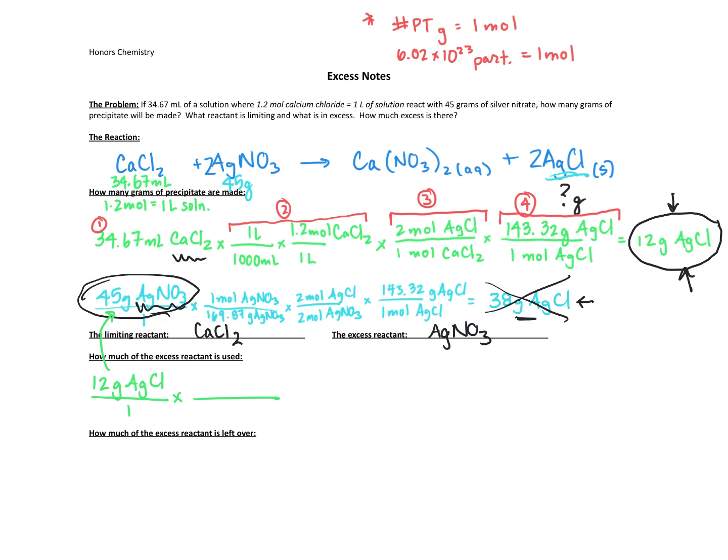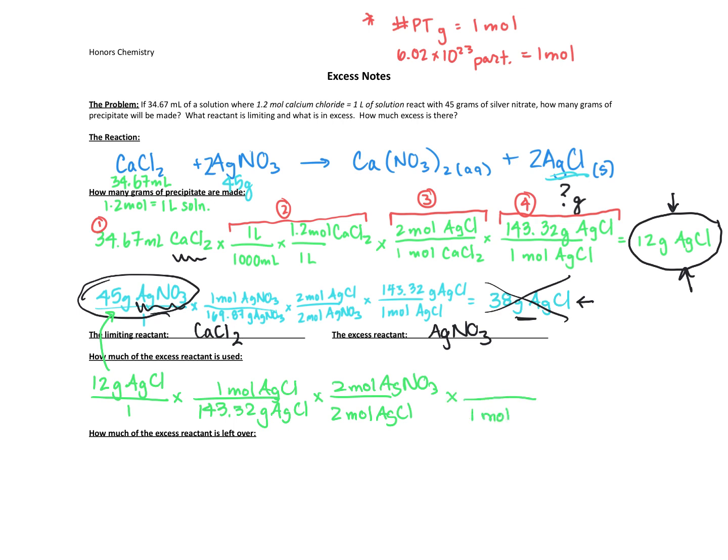We know that there's 143.32 grams of silver chloride in 1 mole of silver chloride. And we're going backwards. We're going back to our reactant. For every 2 moles of silver chloride, we have 2 moles of silver nitrate. And then we've got our molar mass of silver nitrate.